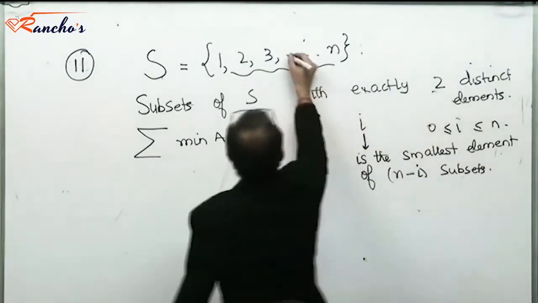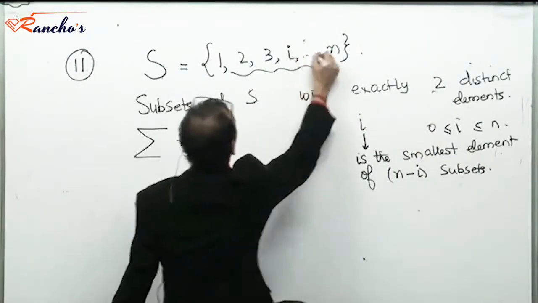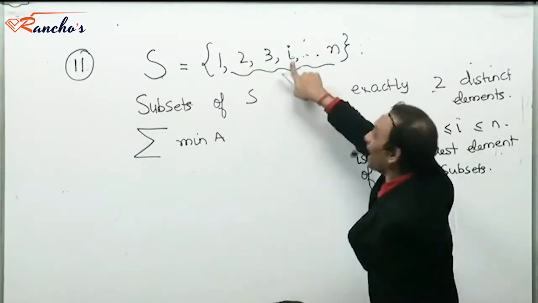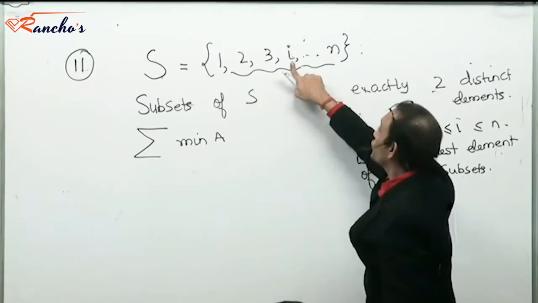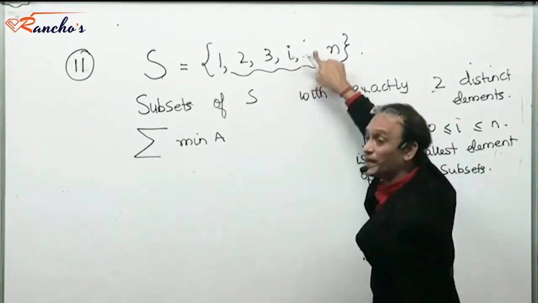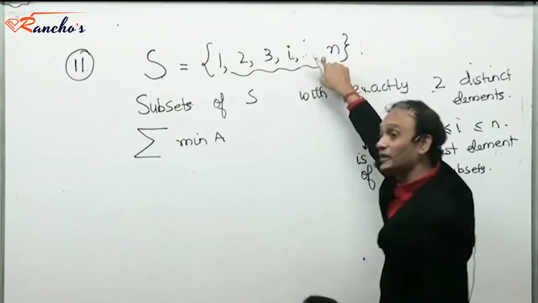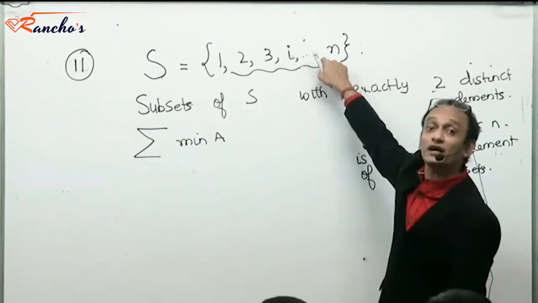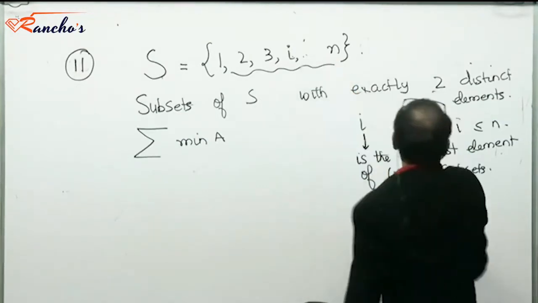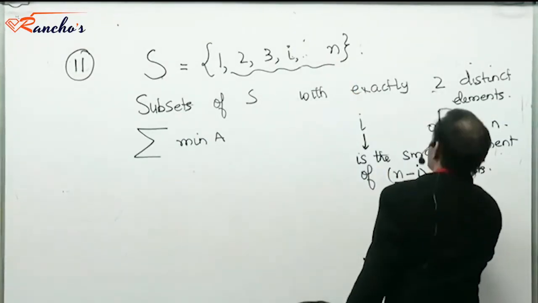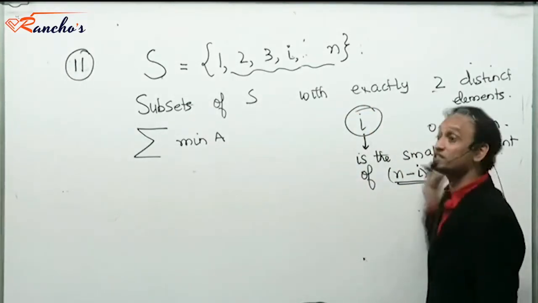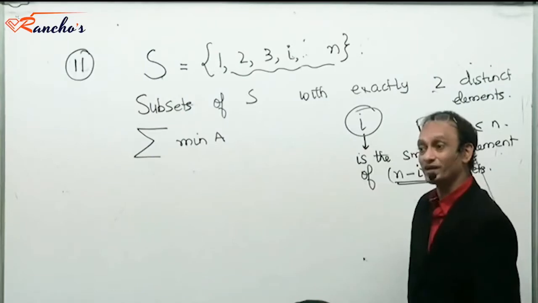See, if I select a member i here, then in the subsets in which i is the smallest, the second element can be selected in n minus i ways, it can be i plus 1, i plus 2. The remaining n minus i elements could be the second element of a subset with i being the smallest. Yes or no? That means there are n minus i subsets in which i is the smallest element.